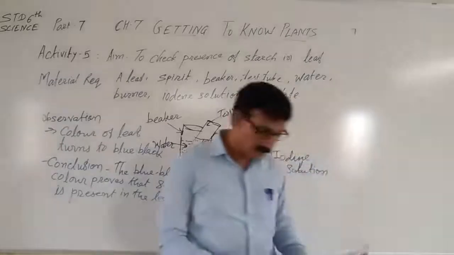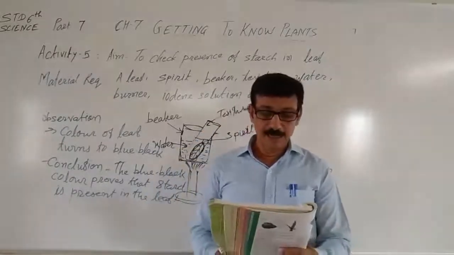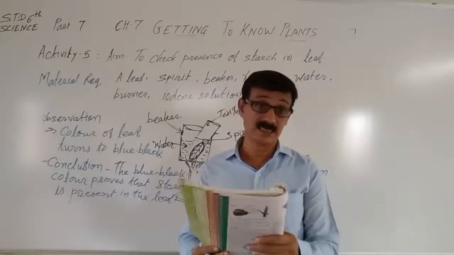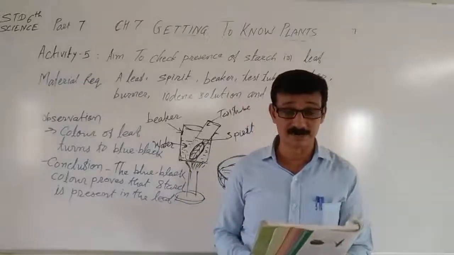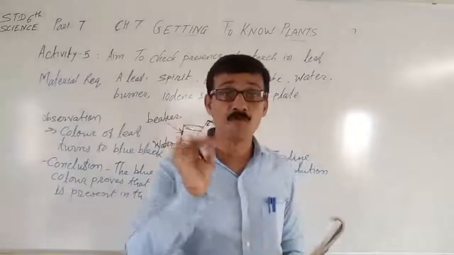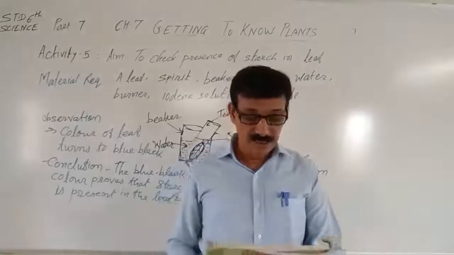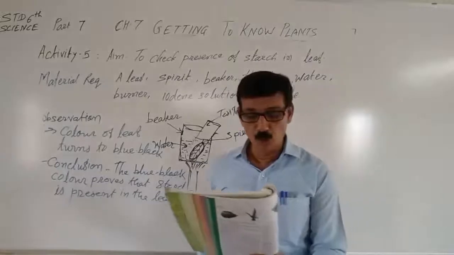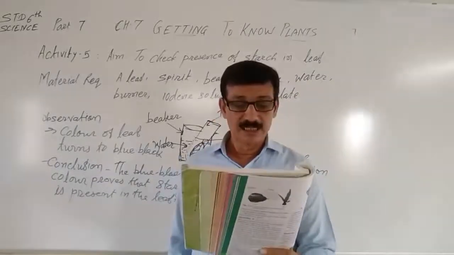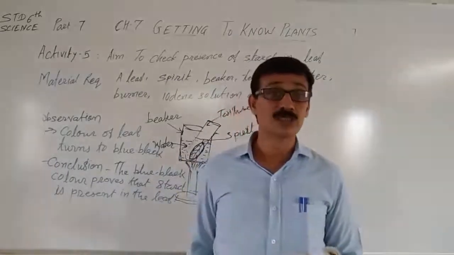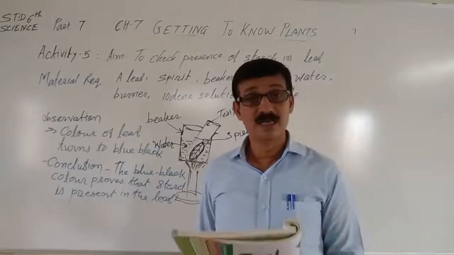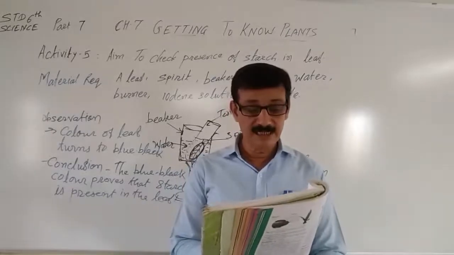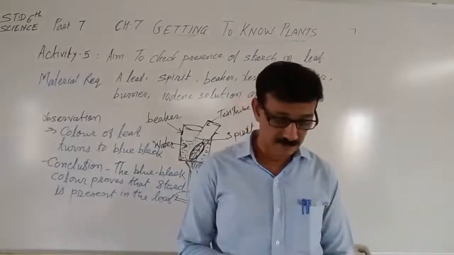So that is why it is written that leaves prepare their food in the presence of sunlight and a green colored substance. It is also very important, this green colored substance, and it is known as chlorophyll. Remember, chlorophyll, the green colored substance present in them. For this they also use water and carbon dioxide. This process is called photosynthesis, and oxygen is given out in this process.